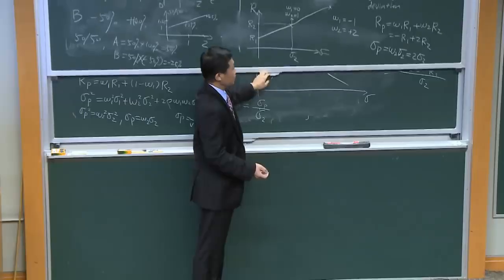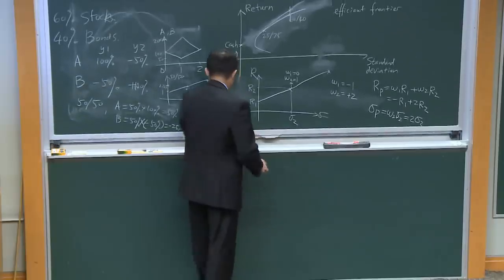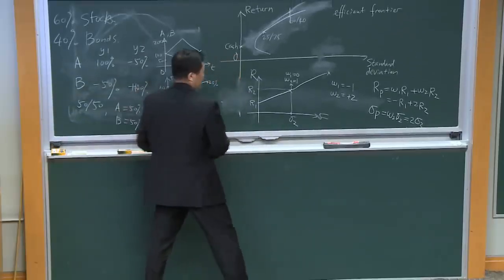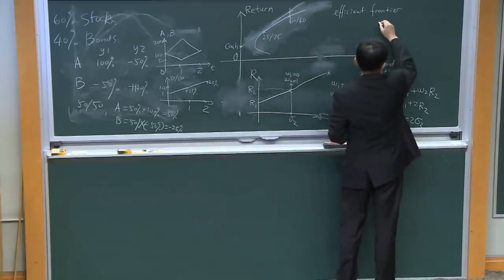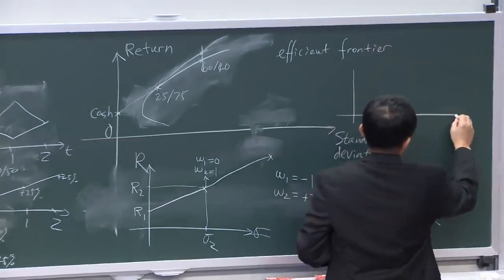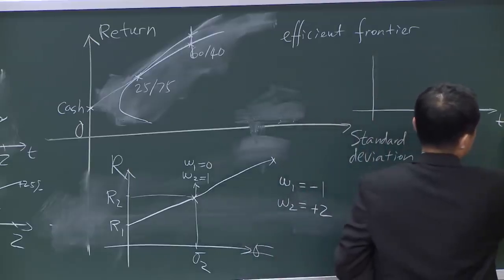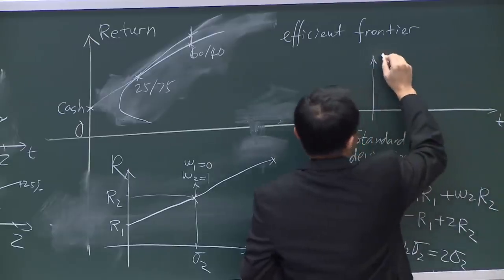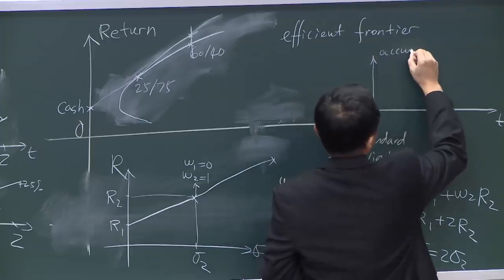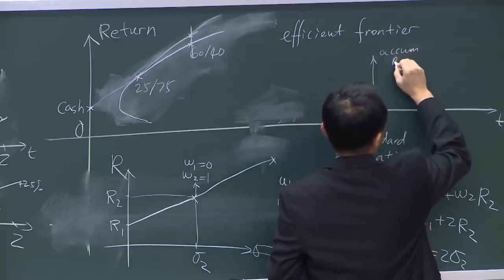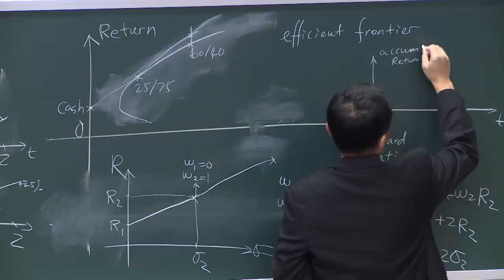Why? Let me give you another simple example before we leave. Let's say you have this over time. This is your accumulative return, or your dollar amount.